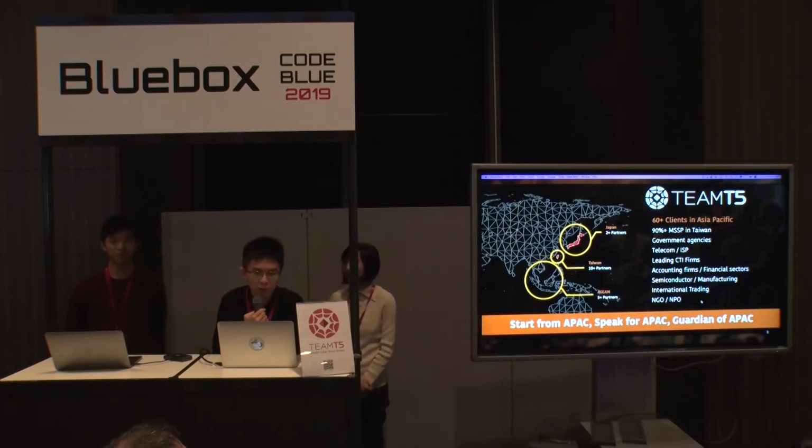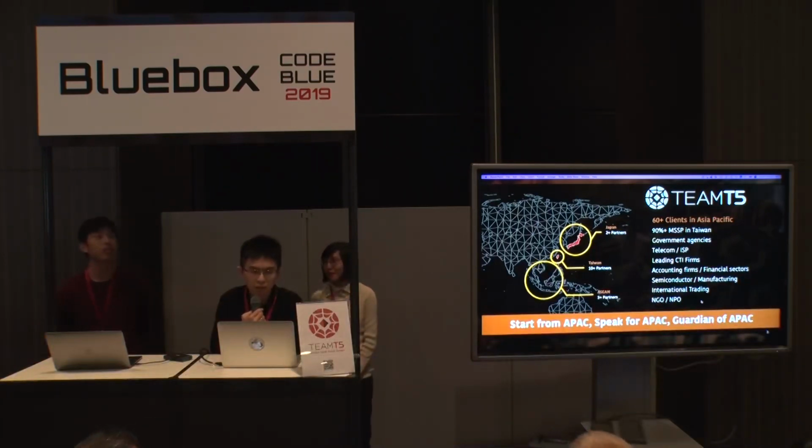All of them are our customers. Compared with other U.S. vendors, the most unique part of Team T5 is that we start from APAC and we speak for APAC. We believe we are guardians of APAC, and we are very confident about our threat visibility in this region.